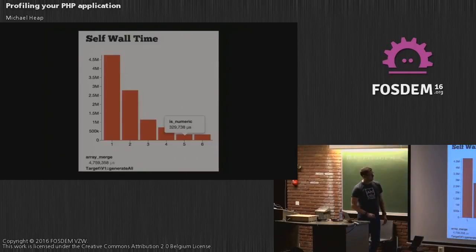It draws nice little graphs. This one here, this is array merge. I hovered over this, it told me that that's my call to is numeric. And that took 329 milliseconds. It also has a list of all the functions underneath with the number of microseconds that each one took.